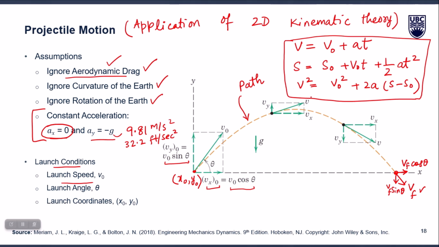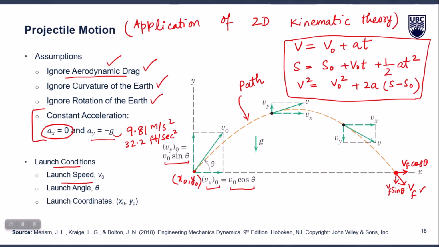So let's apply these three equations to the x direction separately. When I apply these three in the x direction, I will put a equal to 0, right? And s will be represented by small x, the distance in the x direction.